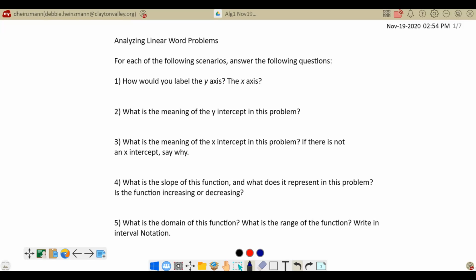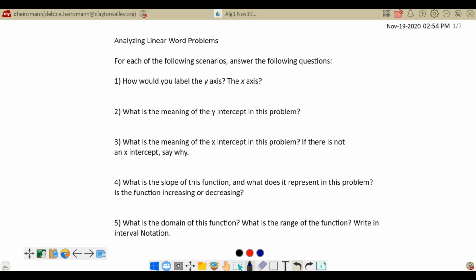Okay, in this video, we are going to analyze the linear function using a table of values. I'm leaving this slide up so you can screenshot it or pause it and write these questions down.